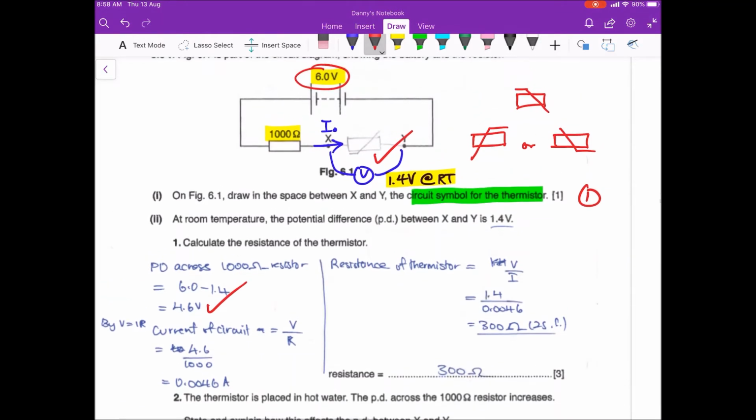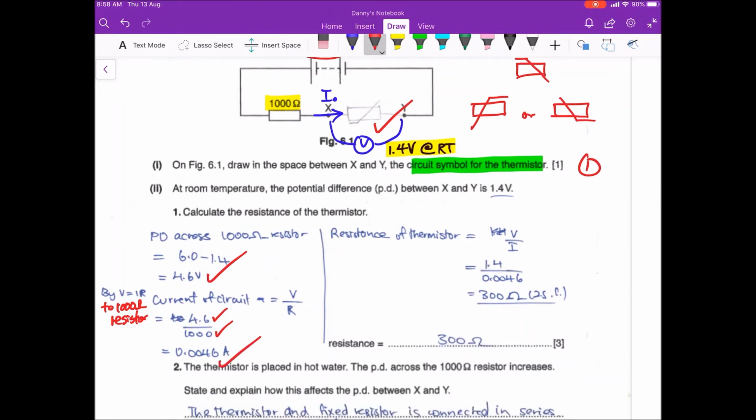Looking at the value substituted in, he's applying this to the 1000 ohm resistor. So he will get the current flowing through the 1000 ohm resistor, which is also the current of the circuit. After that, he applies, I think this person is very confident, but he will tend to be overconfident. He will fumble somewhere.